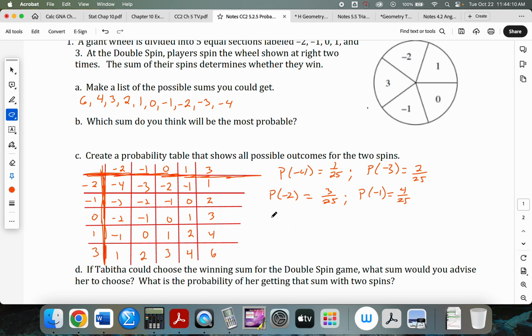The probability of getting a 0 is how many? 3 out of 25. Probability of getting a 1. 1, 2, 3. There's 4 out of 25.